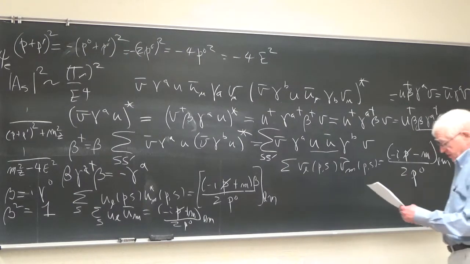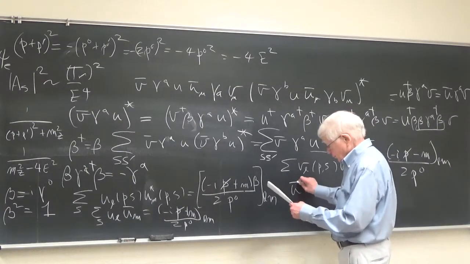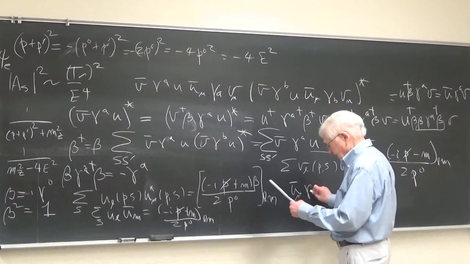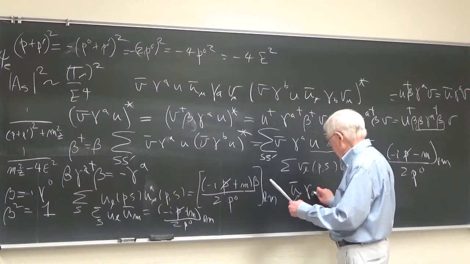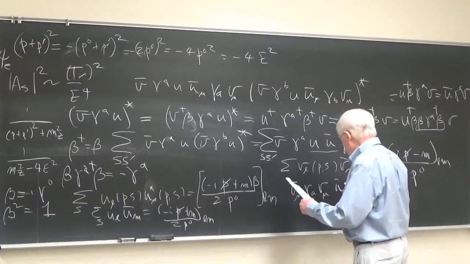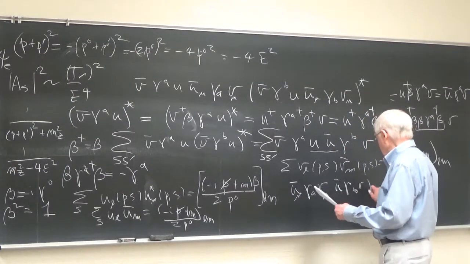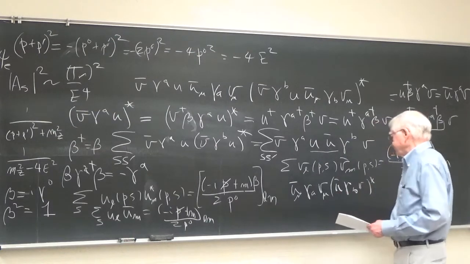The muon part of the sum is u bar muon gamma^A v muon, u bar gamma^B v, complex conjugate.